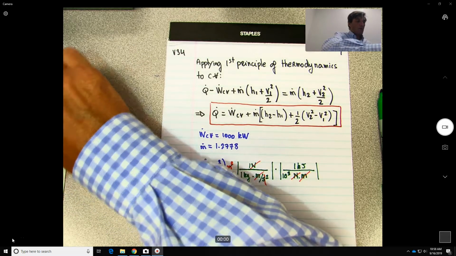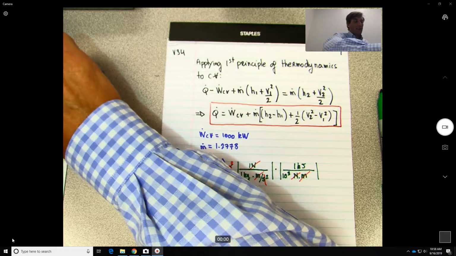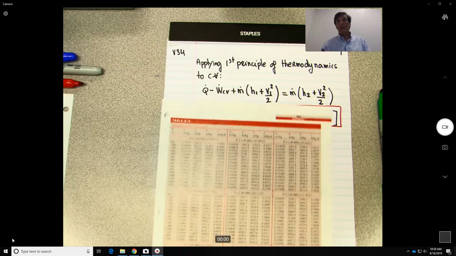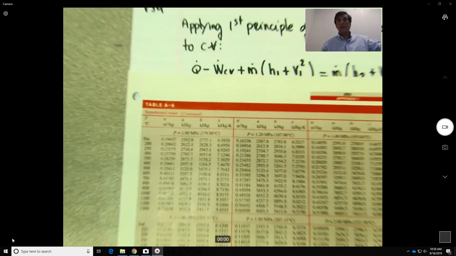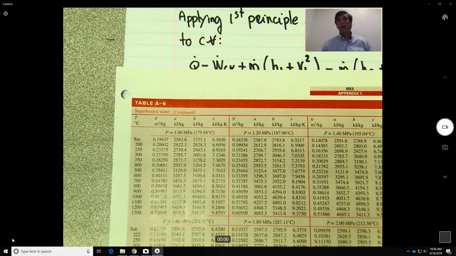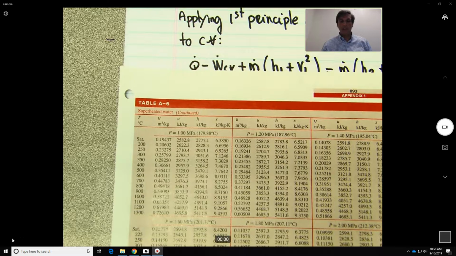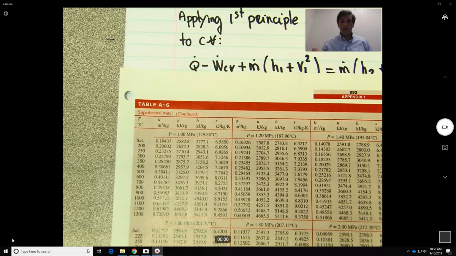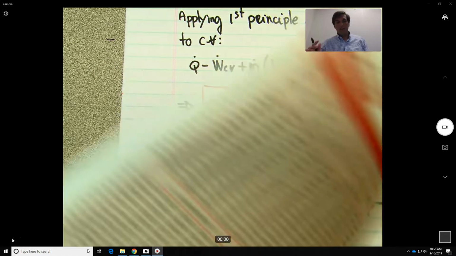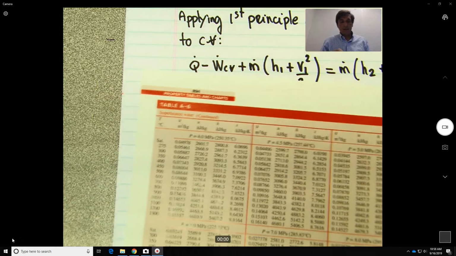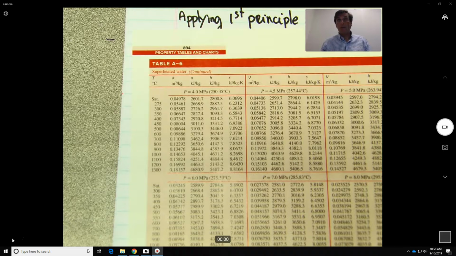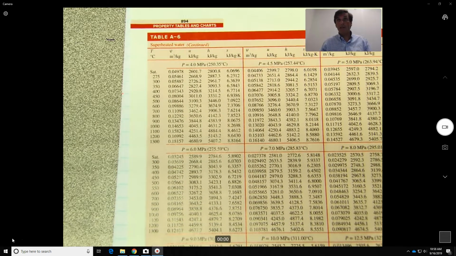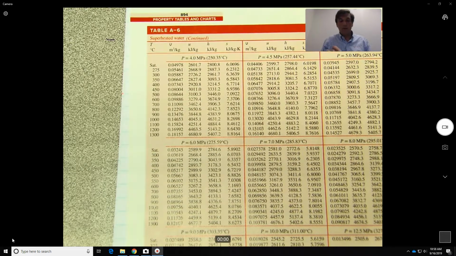In table A6, they give us the pressures in megapascals. But by now we know that 60 bars would be 6 megapascals.